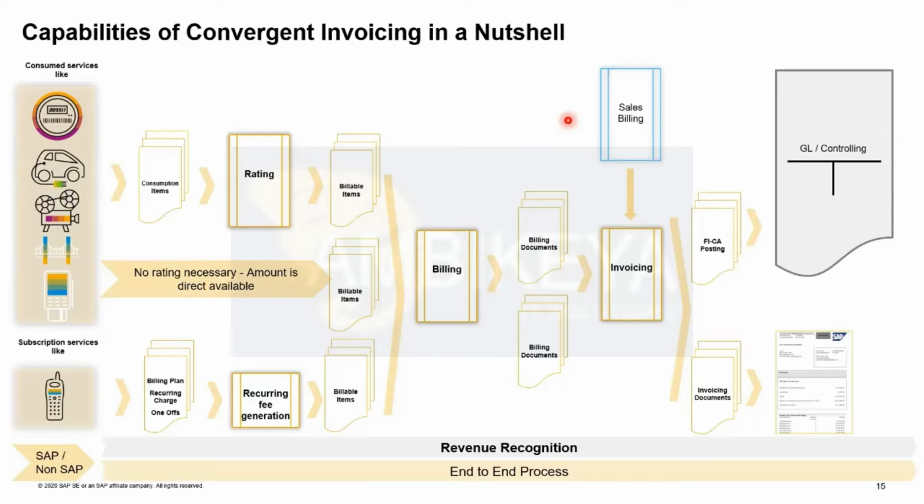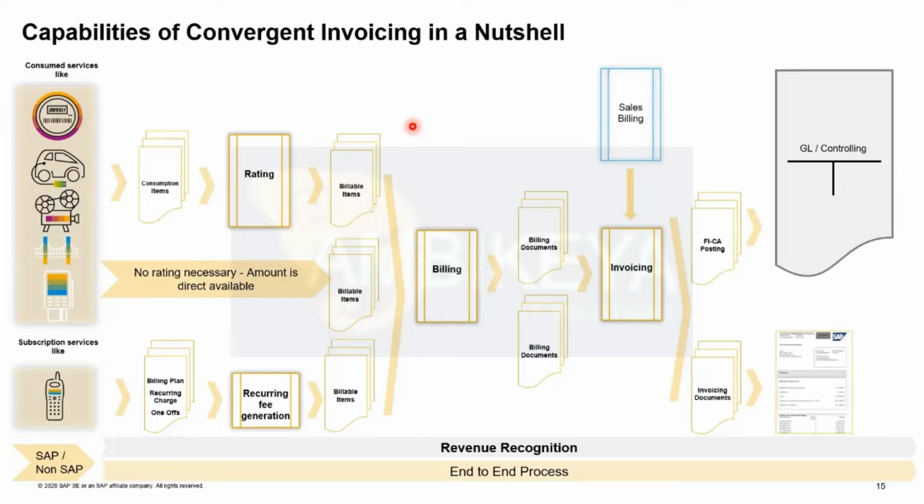So maybe you already recognize all these granular events are persisted in CI as consumption or billable items and will be aggregated similar to the way we aggregate the posting content in FICA. The billing content will be aggregated based on configurable criteria or split criteria in the billing and invoicing processes.